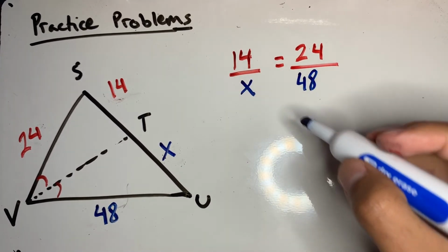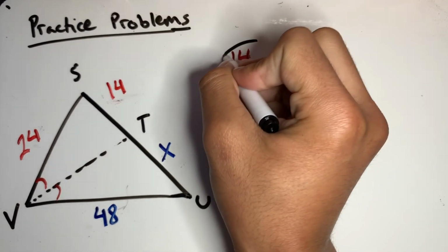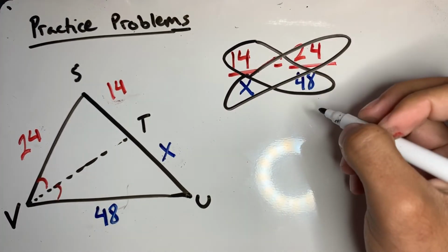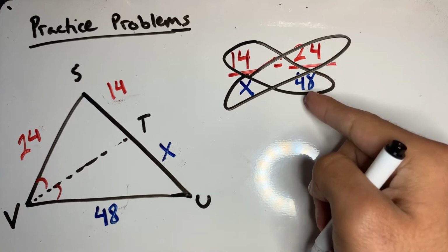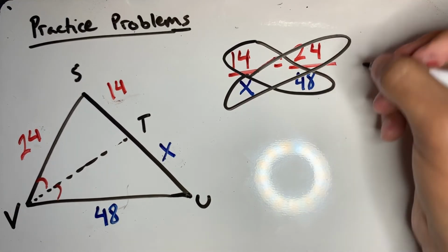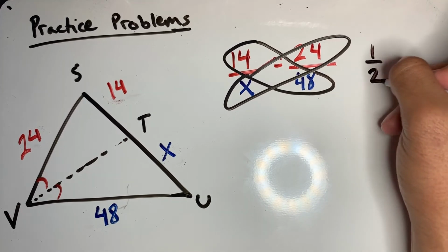So again, we do our cross multiplying right here. Also, if you notice the 24 and the 48, what does it simplify down to right away? That simplifies down to 1 over 2, right?